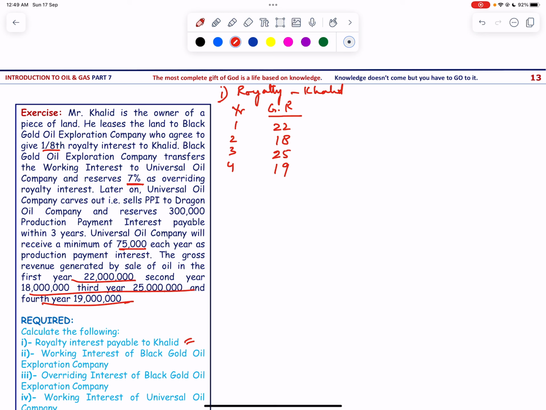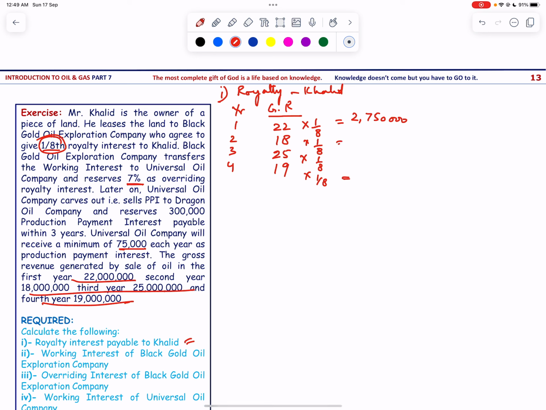So each year Khalid is going to get 1/8 as royalty interest. So 1/8 of 22 million, and this is how we are going to calculate, 19 into 1 upon 8. So this will be equal to 2,750,000.